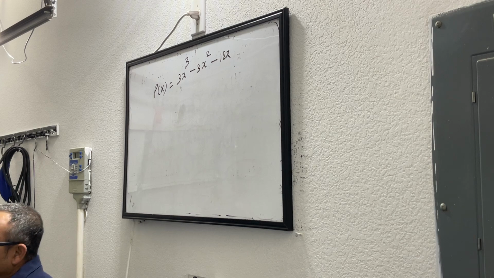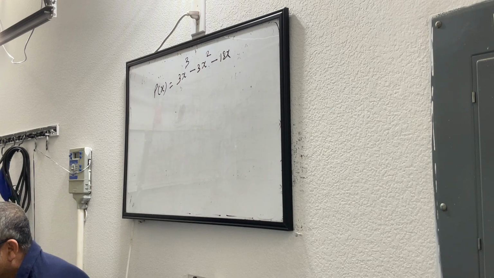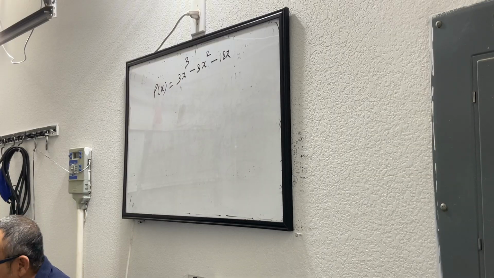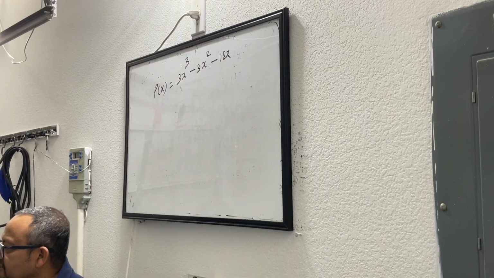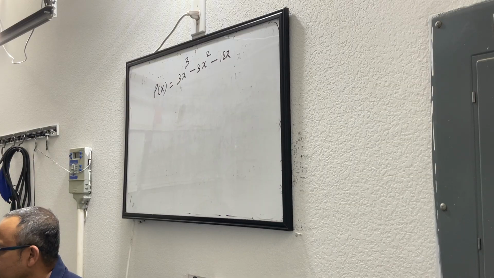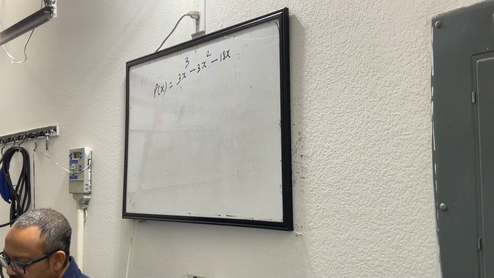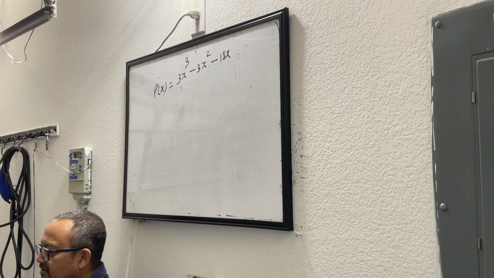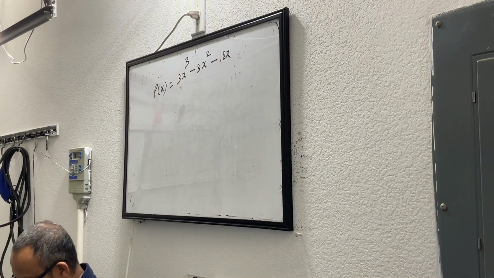You have to factorize it, because if you have to get the zeros, that's the only way you can do it. Datta, you're trying it, right? Okay. We have exactly 5 minutes.